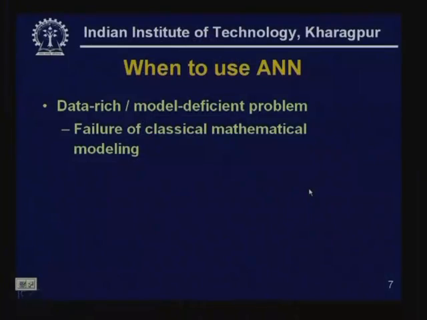So, usually problems where we have got a lot of training data, but we do not have a very good model of the data. Those are the problems for which we can apply artificial neural network. So, problems that we cannot mathematically analyze or find a mathematical model to model the problems, but we have enough data.